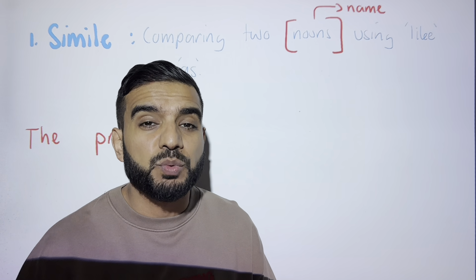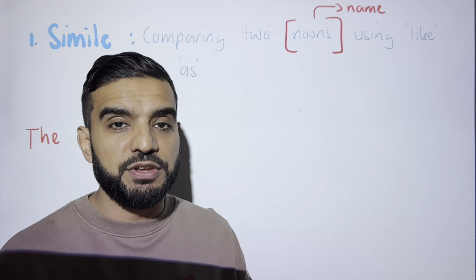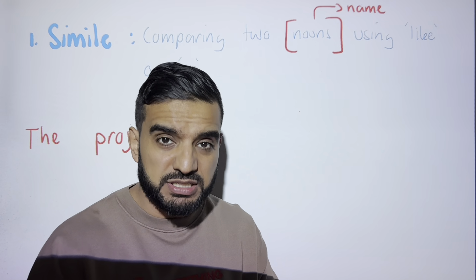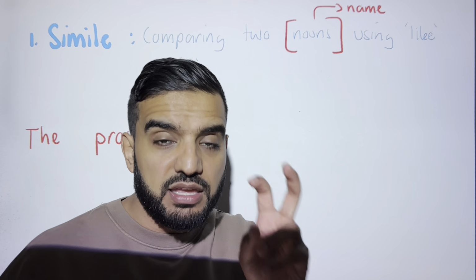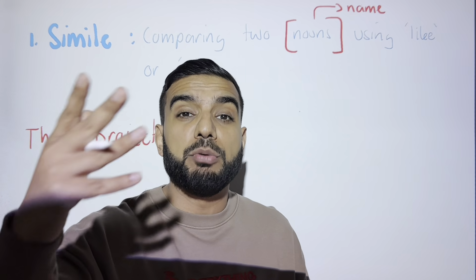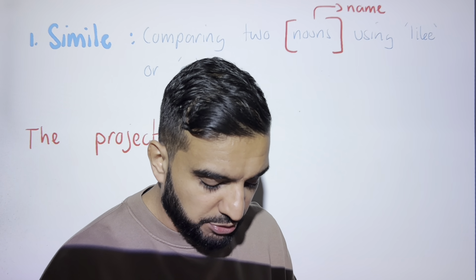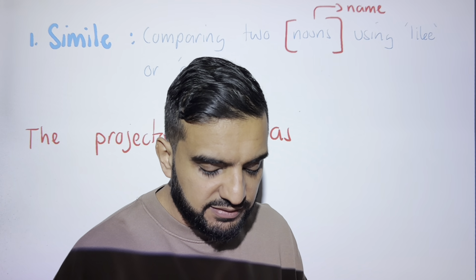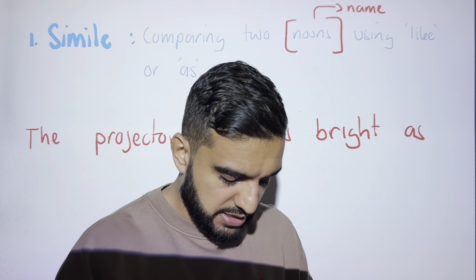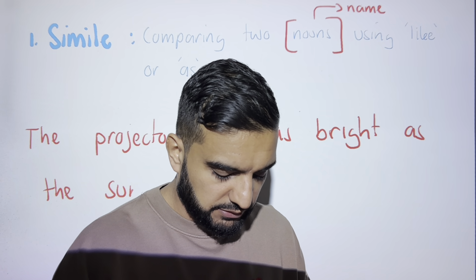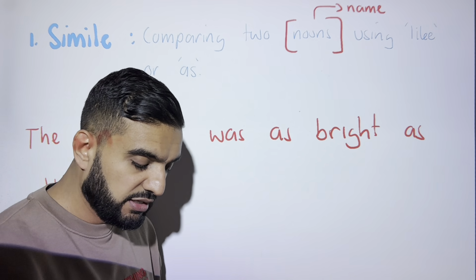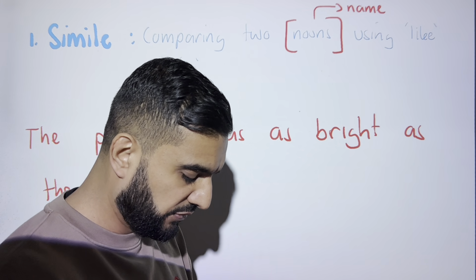Too many people, guys, when they compare, they skip the feature part. But you have to think about, what is it about this particular object that you want to compare? I'm going to compare the brightness because that's a prominent feature. The projector was as bright as the sun. Done.